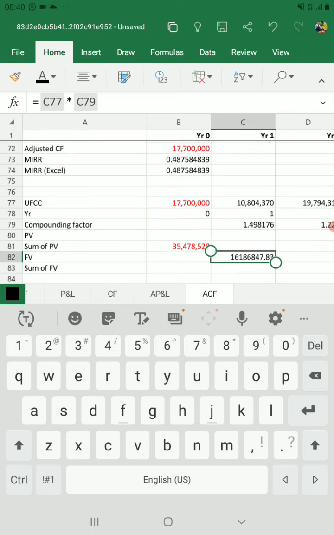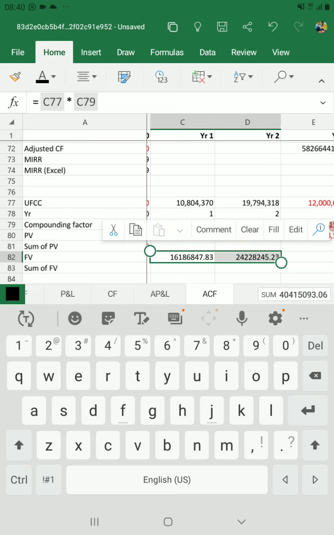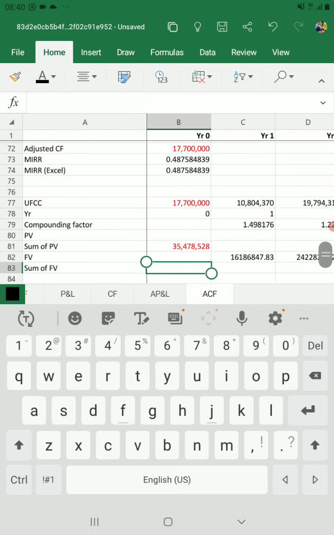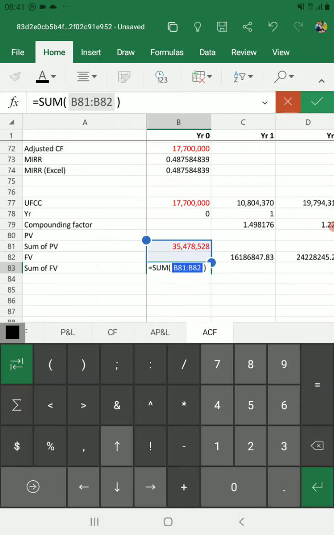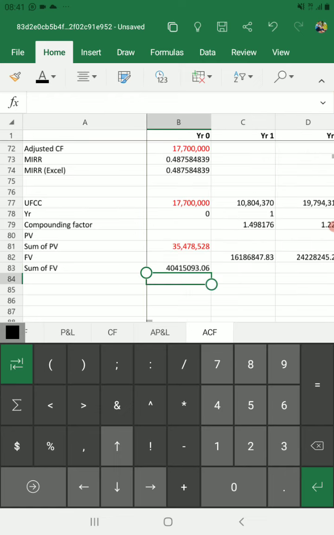The same is going to apply for year 2, so I'm going to fill this in year 2 also. So the sum of future value in this case now is, start with equal sign, or just use this sum here. You sum these two components, press enter.